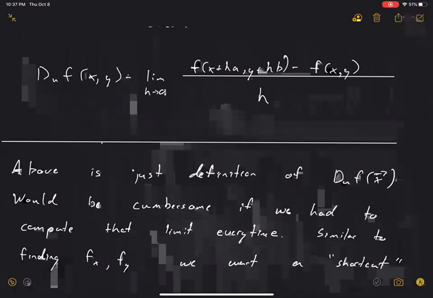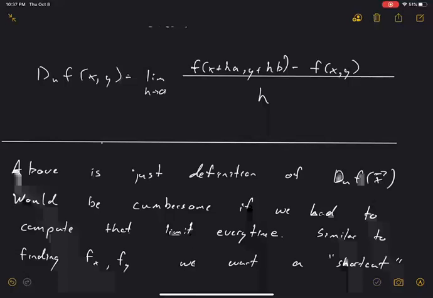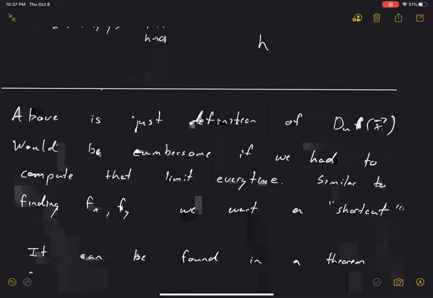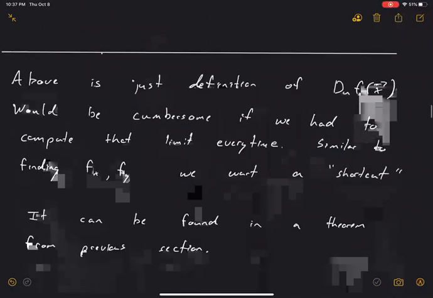We have nice rules and shortcuts, and we would like something like that for the directional derivative, as we have for partial derivatives.